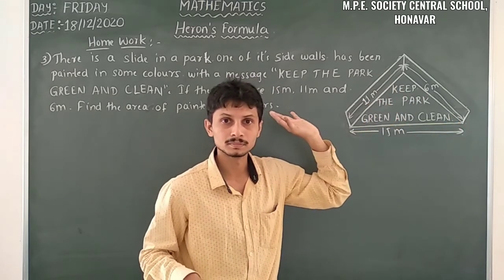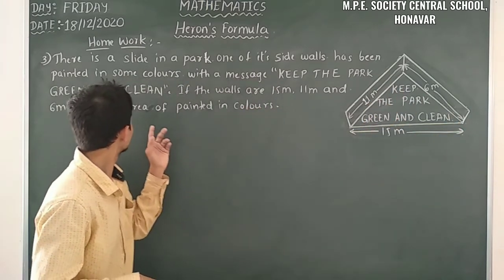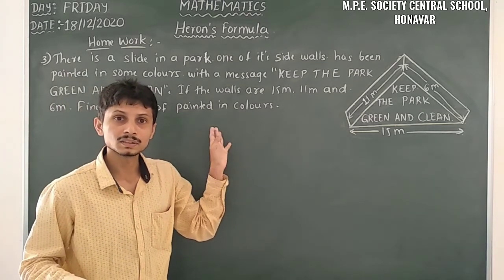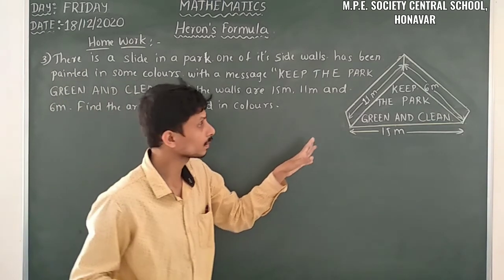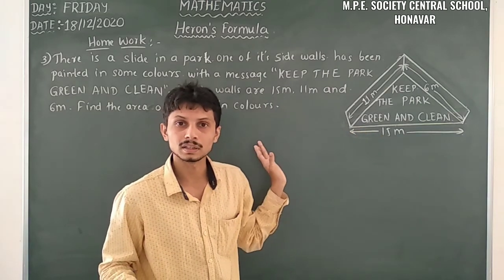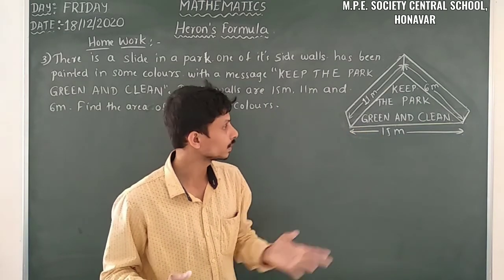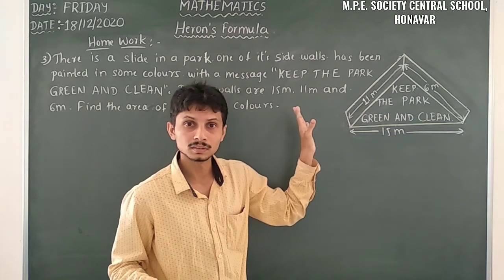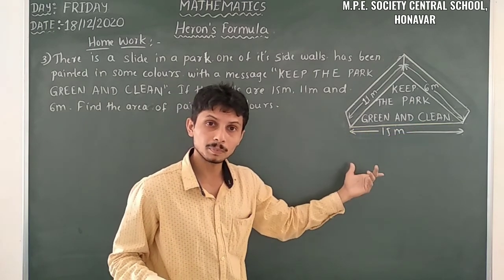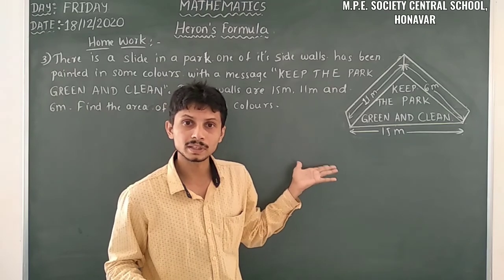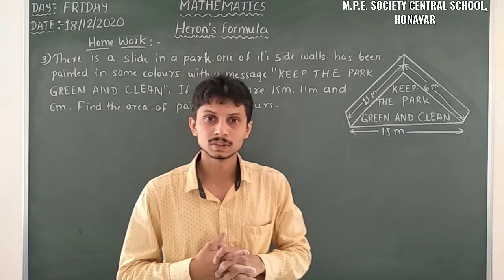Then we have to find the area painted in colors. That means we have to find the area of this triangle. We already know the sides of these walls, and with their help we can find the area of the triangle using Heron's formula.